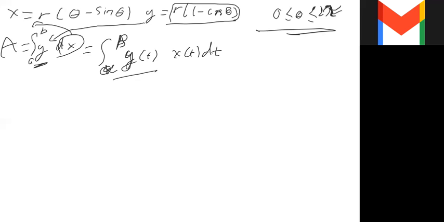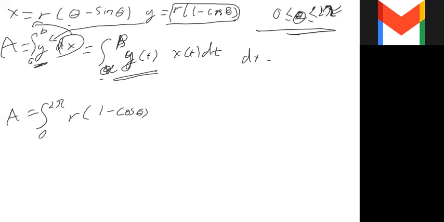So you know what? Let's put the equations in here. So what would a be? A would be in terms of theta and x and y. So alpha and beta, which is from 0 to 2 pi of y of t, which is r(1 minus cos theta). And this, we're going to take the derivative of that.